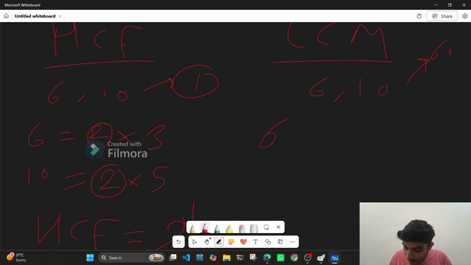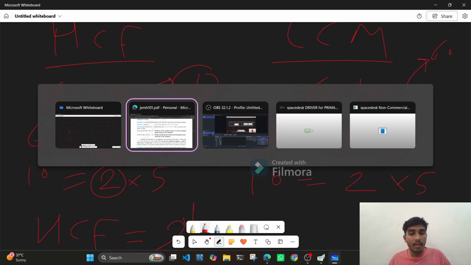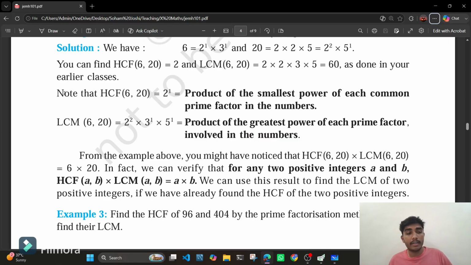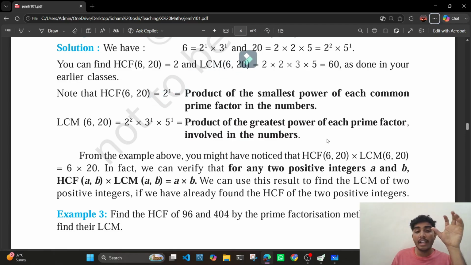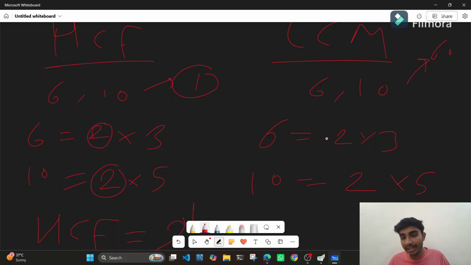Again, we will write 6 and 10 as the product of their primes: 2 into 3 and 2 into 5. Now we have LCM as the product of the greatest power of each prime factor involved in the numbers. So basically, we need to take all the factors.